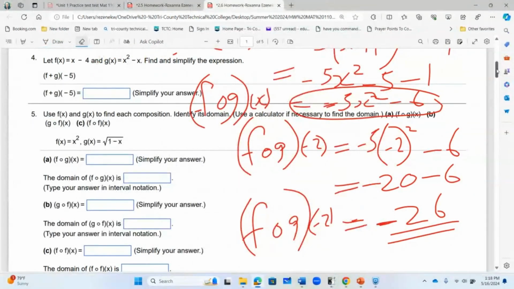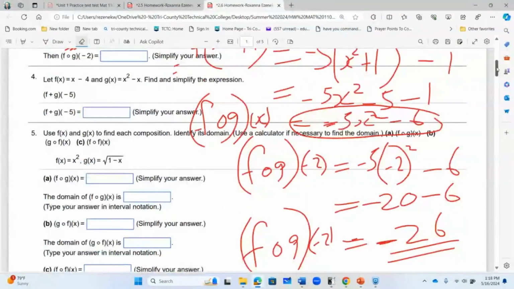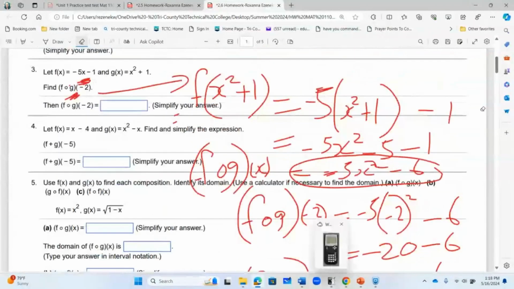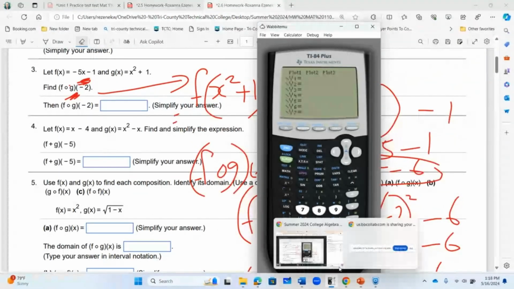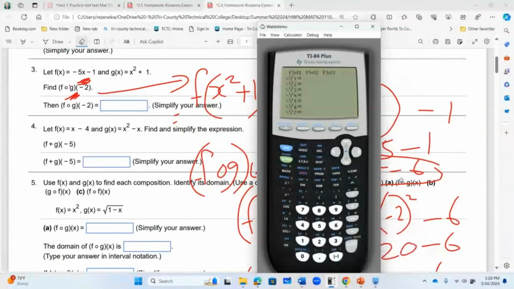So my f of x in number 3 is negative. Remember that whenever negative comes first, it has to be the one in parentheses. So minus 5x. This is the value of f of x, minus 1.